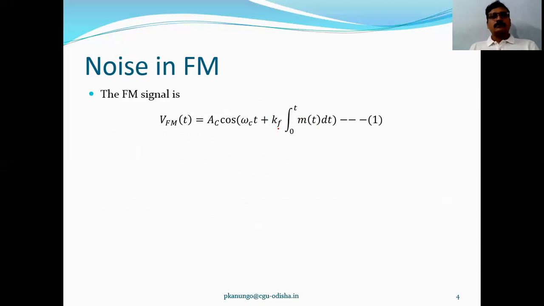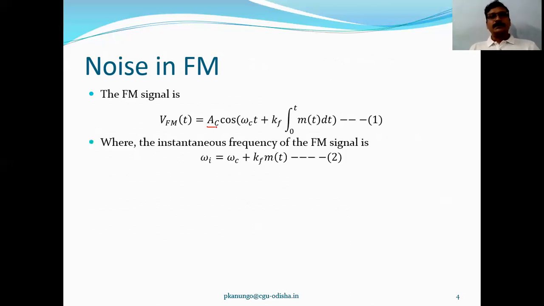Now if you look here, in this case the amplitude is constant, because it is Ac. So the FM signal amplitude is constant, only the frequency of the FM signal varies according to the instantaneous value of the baseband signal. The instantaneous frequency is proportional to my baseband signal.